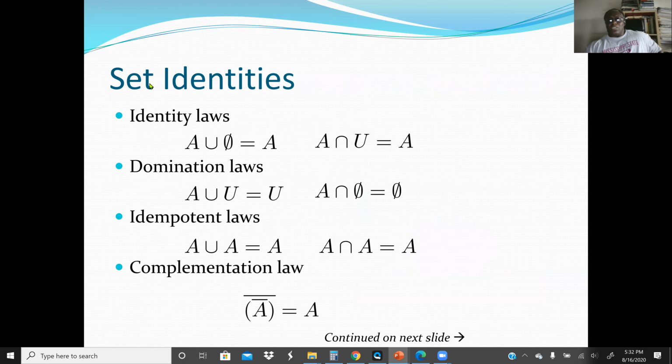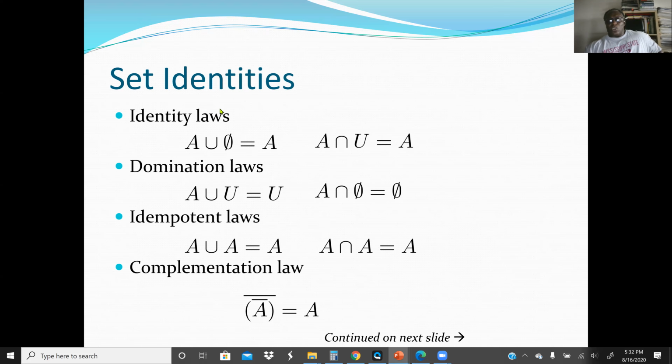So next we move to the set identities. Remember, in Boolean algebra, we talk about Boolean identities. The concept is the same. We can use these identities to solve set problems.